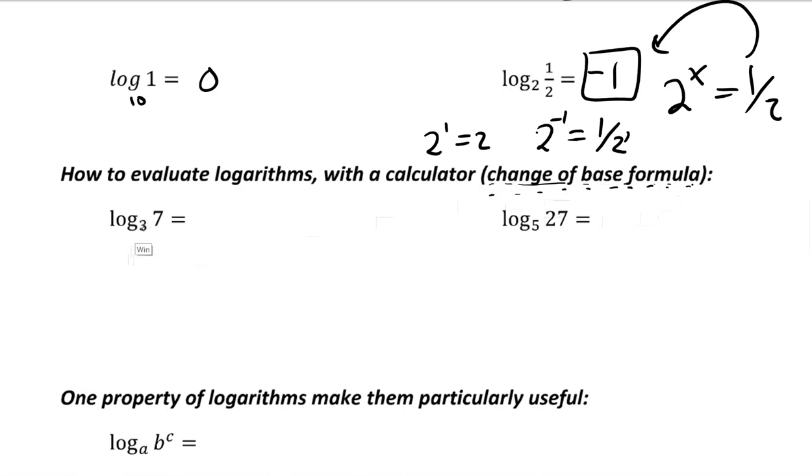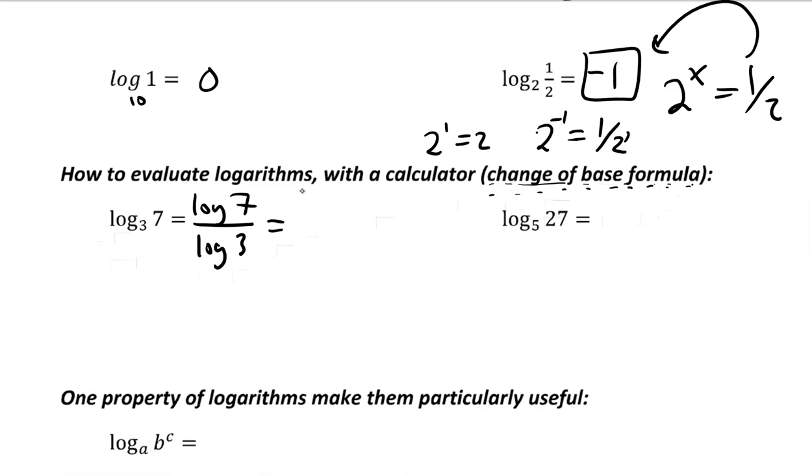So if your base is 10, you're in good shape because your calculator is set up to do base 10. If it's just a natural log problem, your calculator has that built in too. But if it's a base other than 10 or E, then you have to do the change of base formula. So this is the same thing as log base 10 of 7 divided by log base 10 of 3.